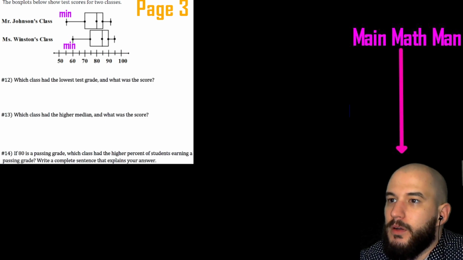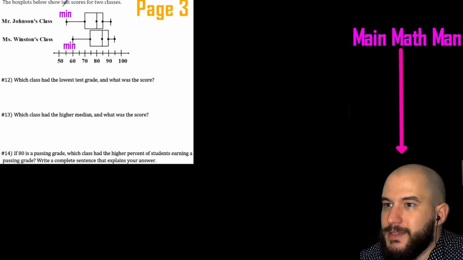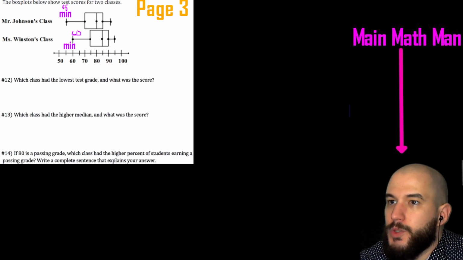For Mr. Johnson's class, that min is, let's say, 55. And what's the min for Miss Winston's class? That is 60. Of those two, which one is smaller?